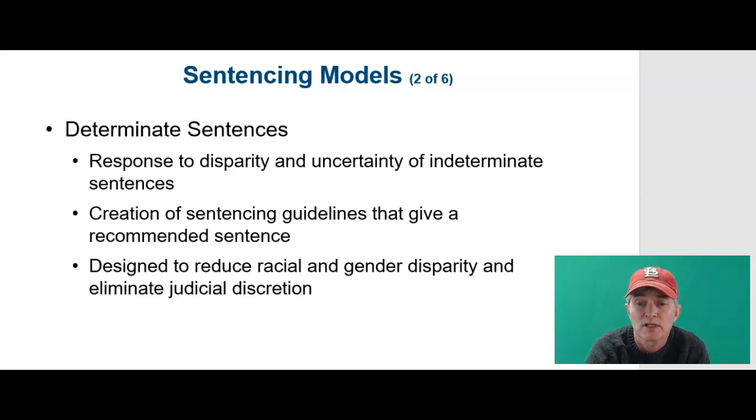The advantage, of course, is that offenders know how much time they're going to serve. This ultimately results in regulating the length of sentences and curbing judicial discretion, which led to the creation of sentencing guidelines. So, once again, this is a rule that takes discretion away from a judge.